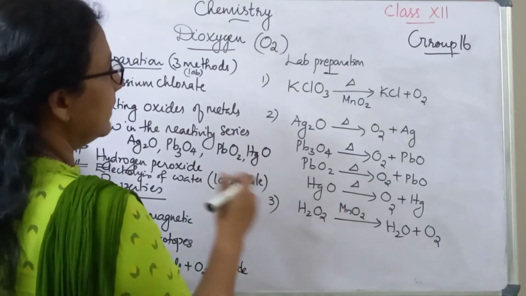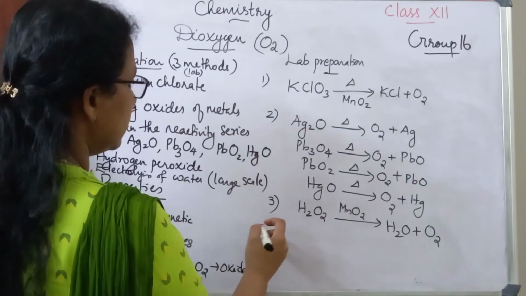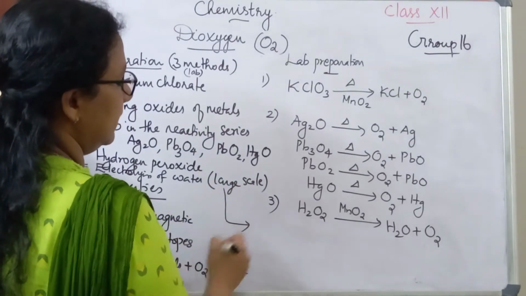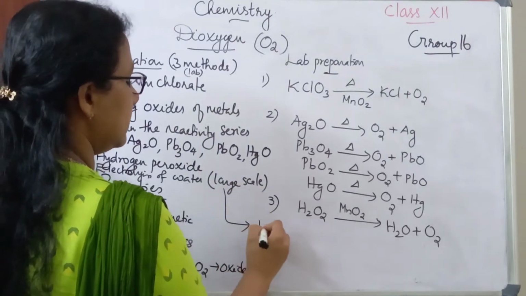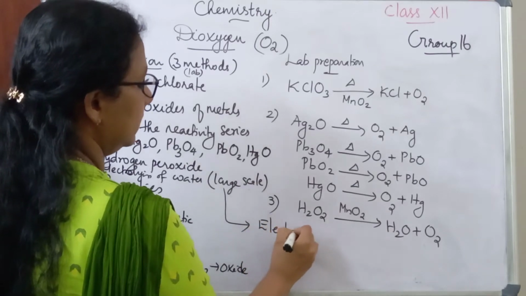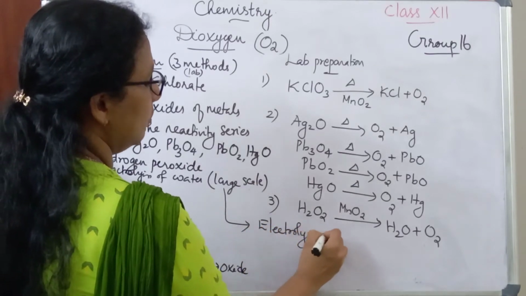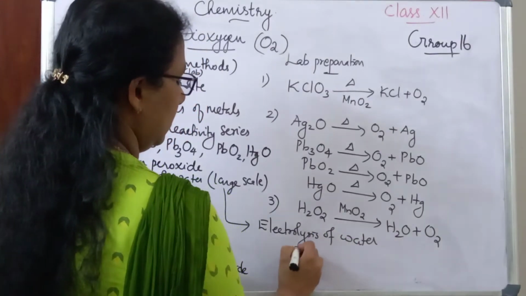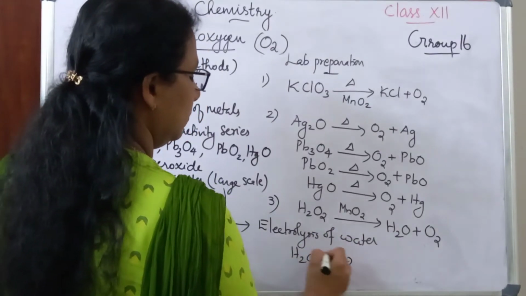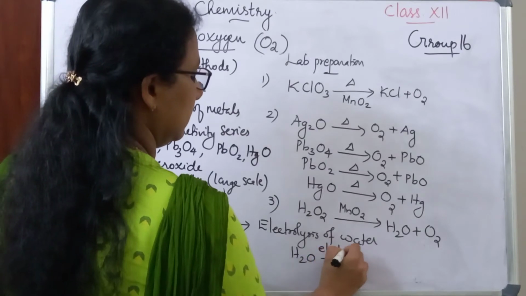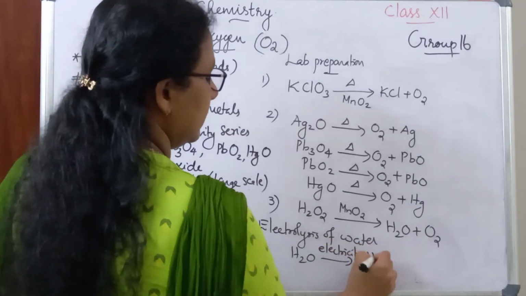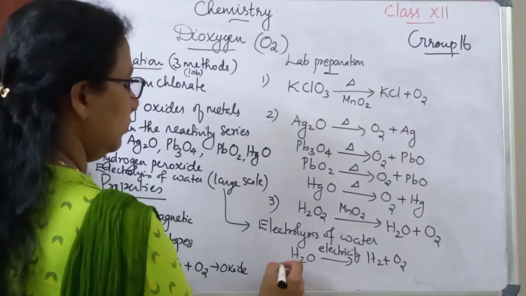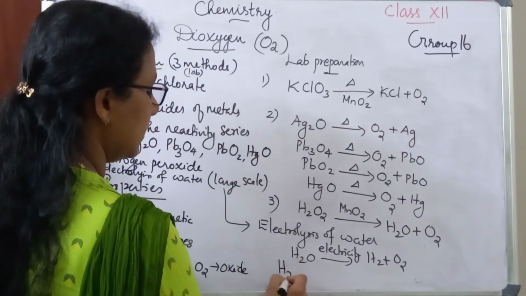I have not balanced these equations. You have to balance them. Then another method is the large scale preparation method, that is the electrolysis of water. H2O, electricity, so H2 and O2 are formed.